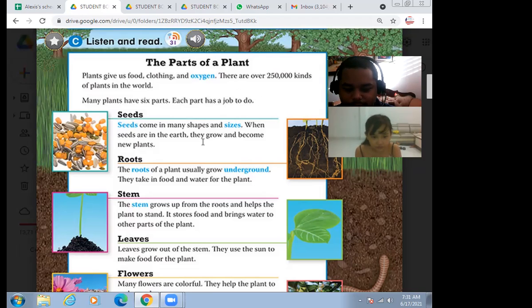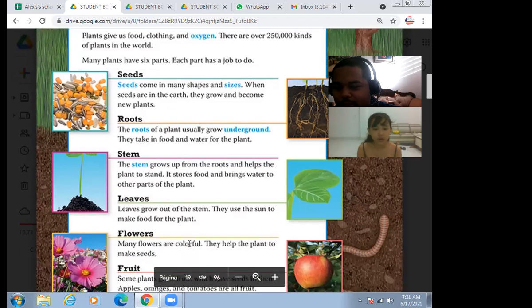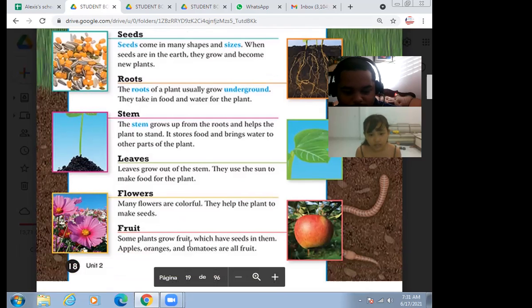Leaves. Leaves grow out of the stem. They use the sun to make food for the plants. Flower. Many flowers are colorful. They help the plants to make seeds. Fruit. Some plants grow fruit, which has seeds in it. Apples, oranges, and tomatoes are all fruit.